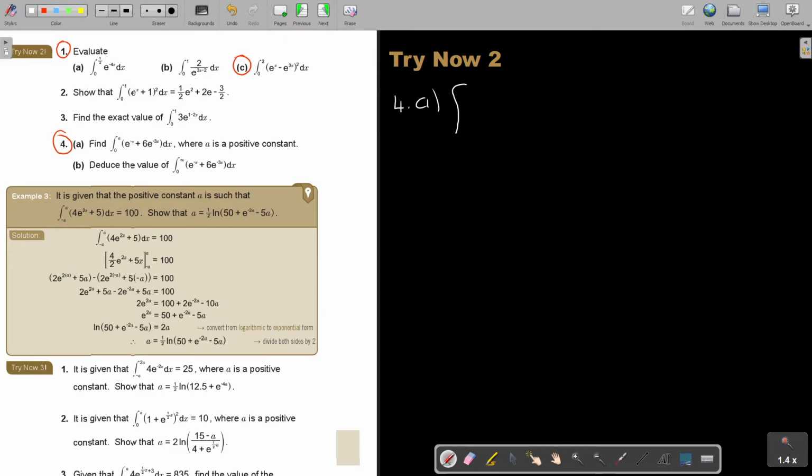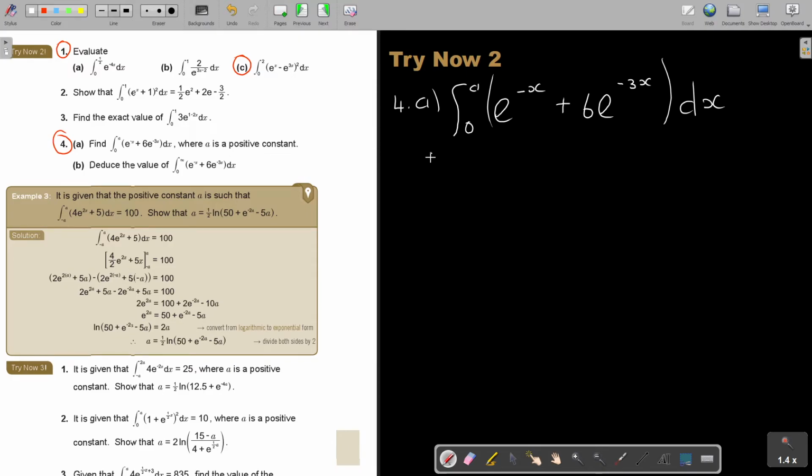Find the integral from a to 0 of e to the power negative x, and make it a bit bigger if you can see, plus 6 e to the power negative 3x, and don't forget it's dx. So find where a is a positive constant.